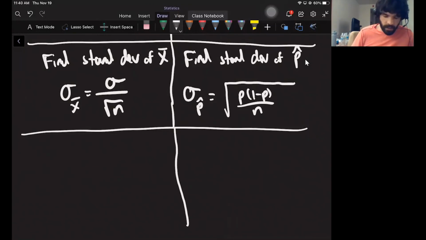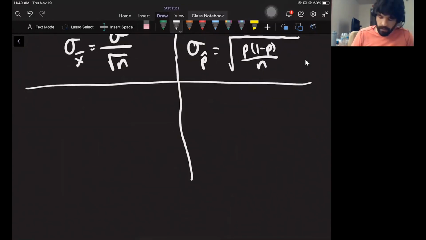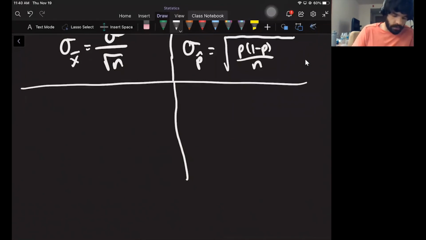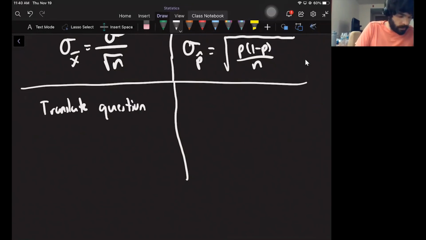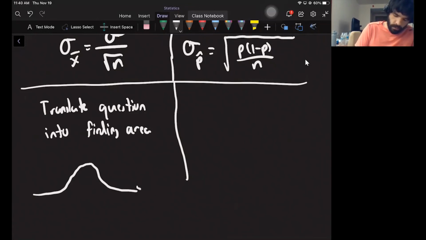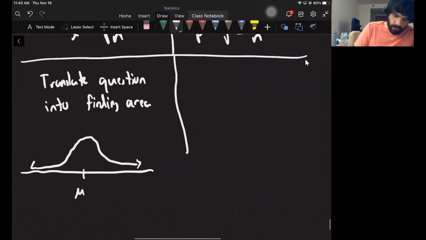So now you have the mean and the standard deviation, so you can translate whatever question you're looking at into finding area under this curve, where now we know the middle, that was the previous step.